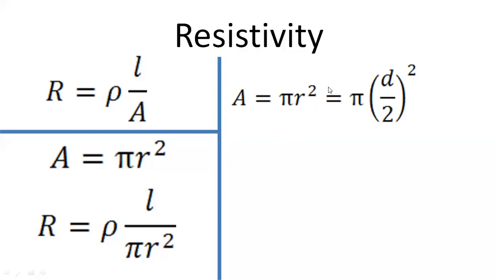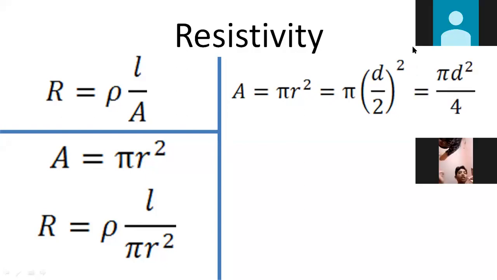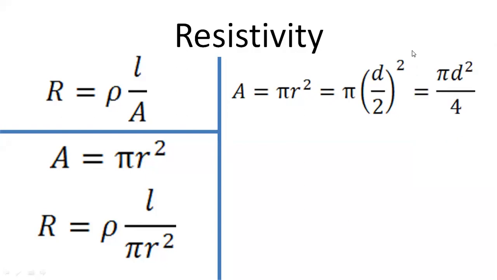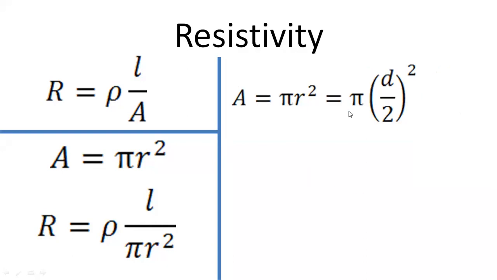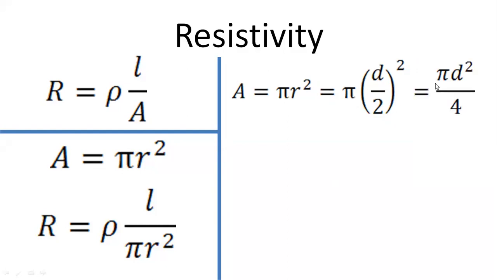So diameter is equal to 2 times radius, which means radius is equal to diameter by 2. In place of r, I have written d by 2. That square will remain as it is. Now if I square them, it becomes pi d square by 4.